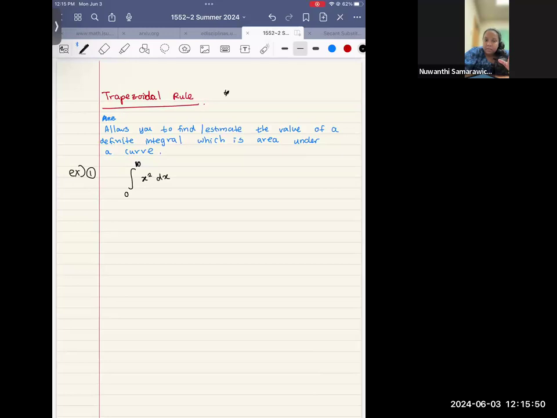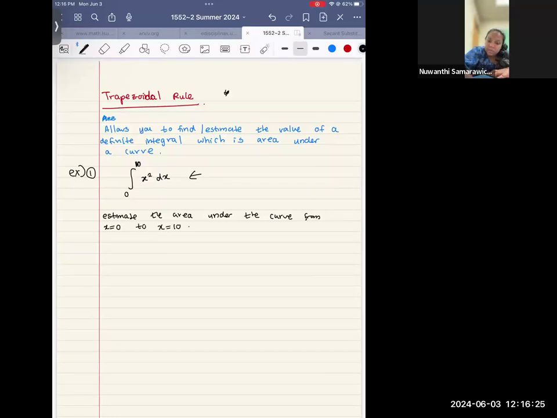And then let's do the exact value, because we know how to find the definite integral of this question. So let's see whether it is overestimated or underestimated. Estimate the area under the curve from x equals 0 to x equals 10.